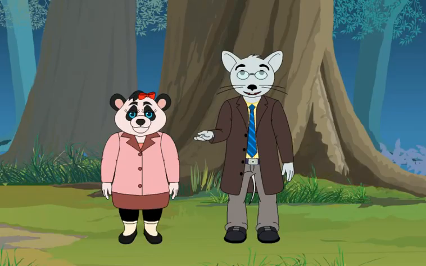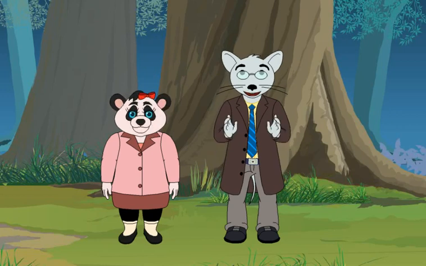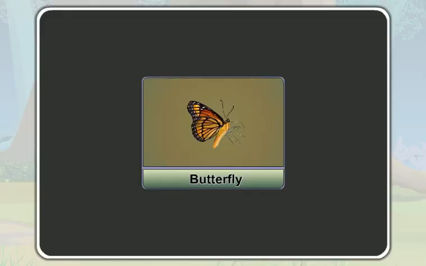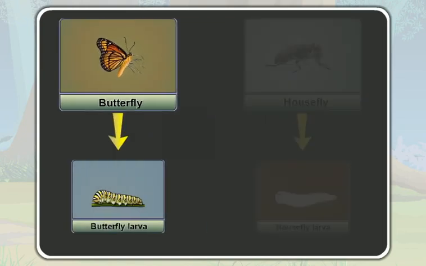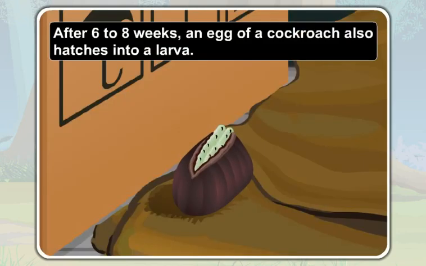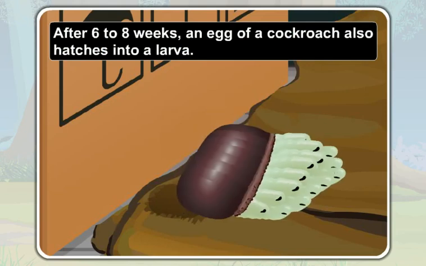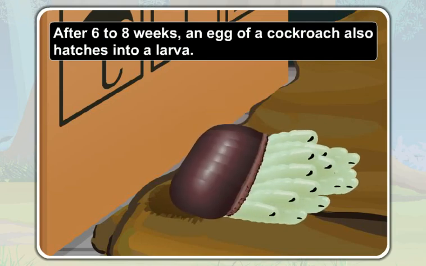You all know that the eggs of a butterfly and a housefly hatch into larvae. The larvae of a butterfly and a housefly are worm-like organisms. They do not look like their adults. After 6 to 8 weeks, an egg of a cockroach also hatches into a larva.